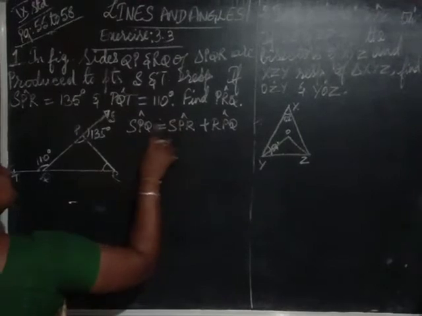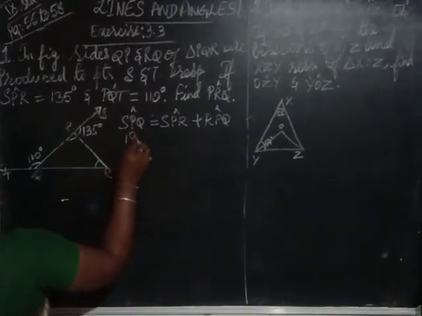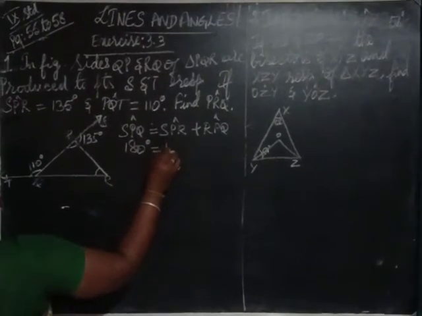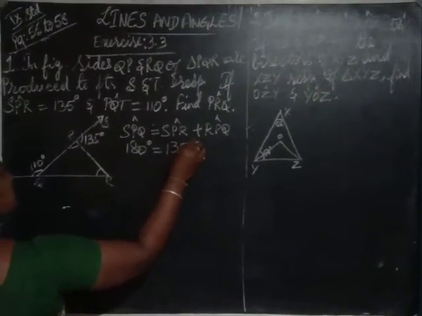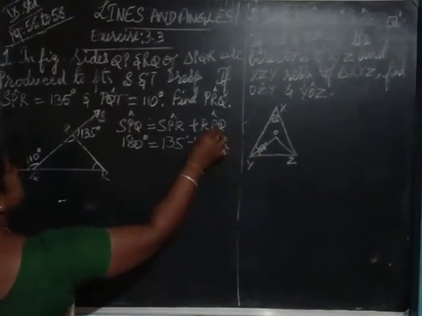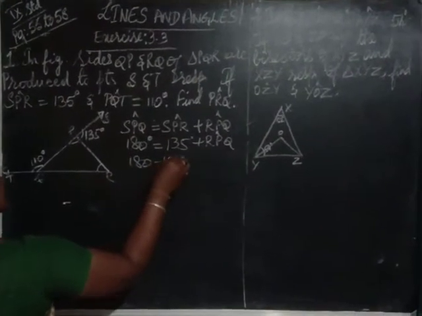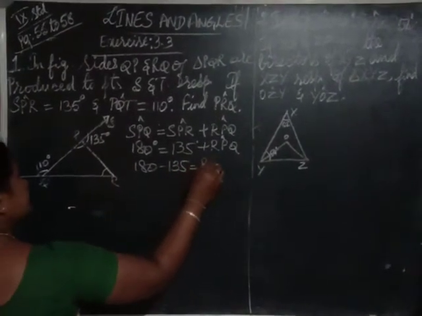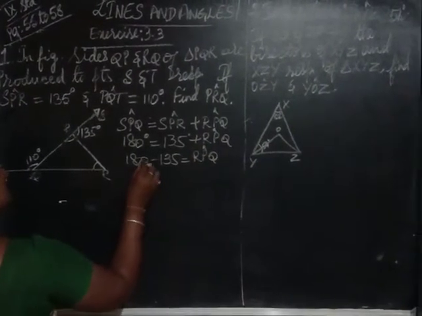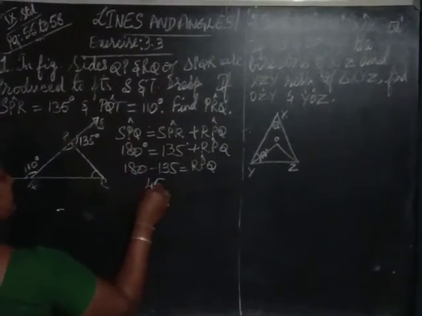Since SPQ is a straight line, we can write 180 is equal to SPR, which is 135, plus RPQ. Now 180 minus 135 is equal to RPQ. That is 45 degree.